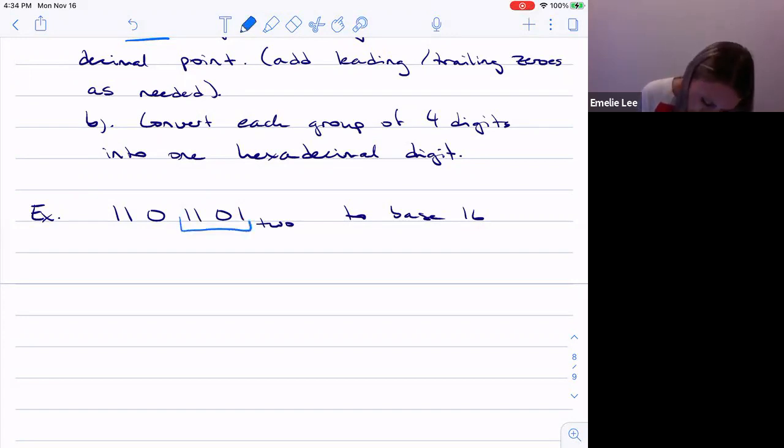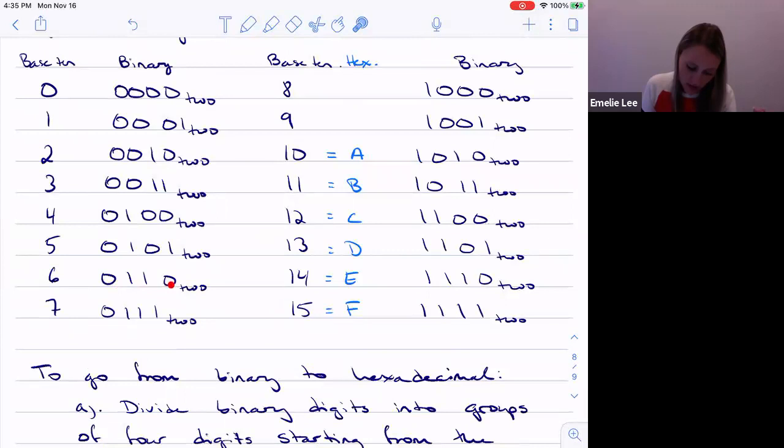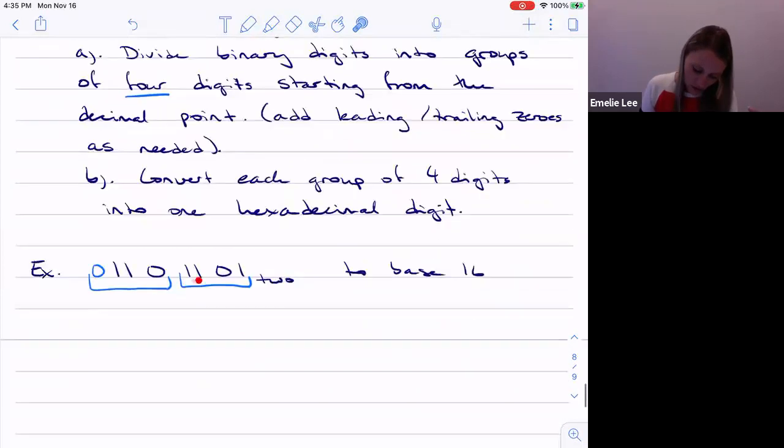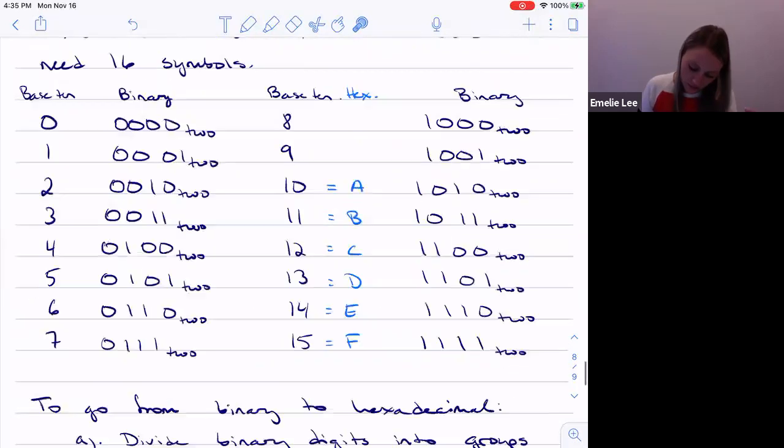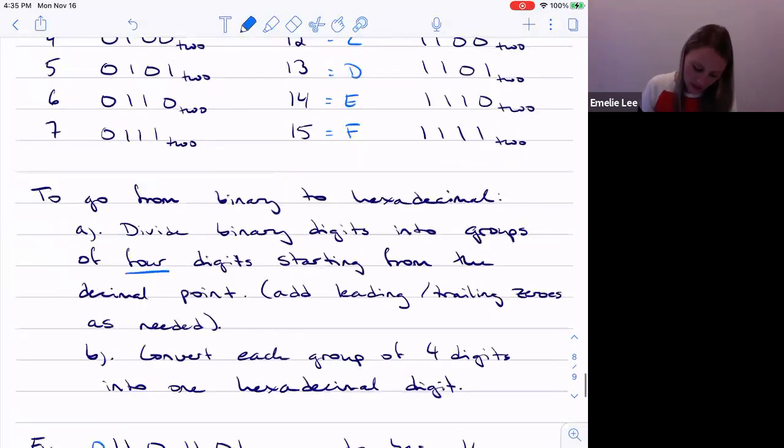So here I've got 4, and then I need to put on a leading 0. But now all I have to do is match 0110 to its hexadecimal. And if I look at the table we just made, 0110 is 6. And 1101 is D. So we're at 6D.